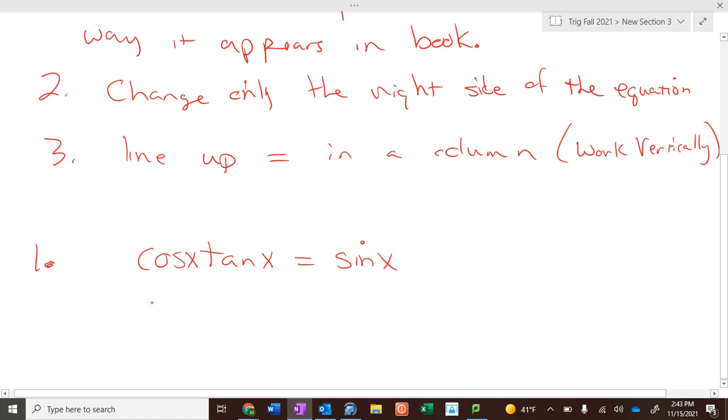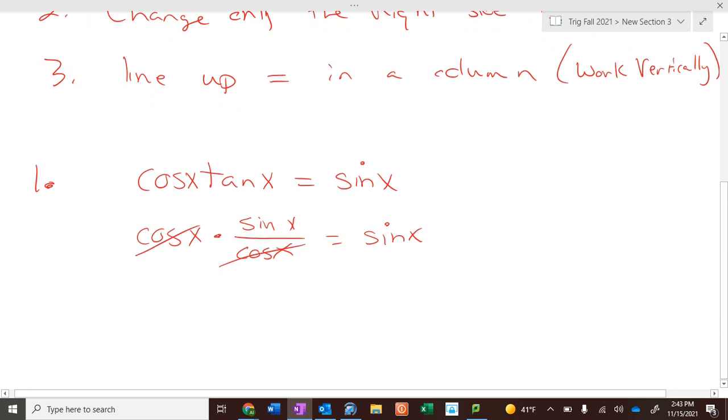So we're going to change the tangent into what? How about sine of x over cosine of x? And then we cancel the cosines. So sine of x equals sine of x. And this is our answer.